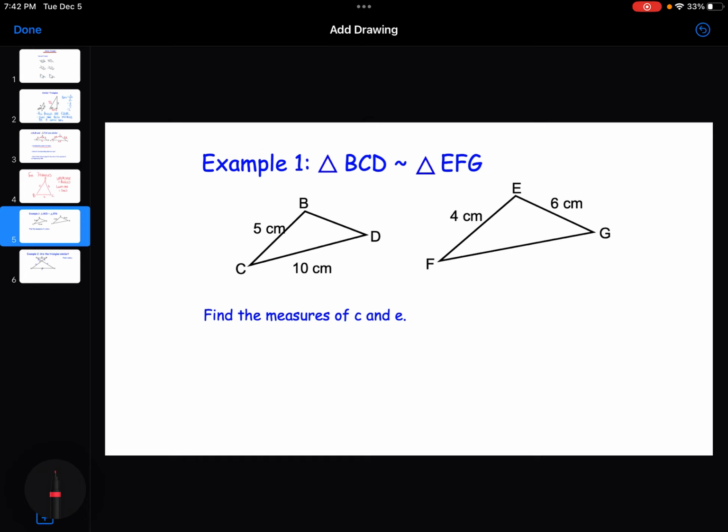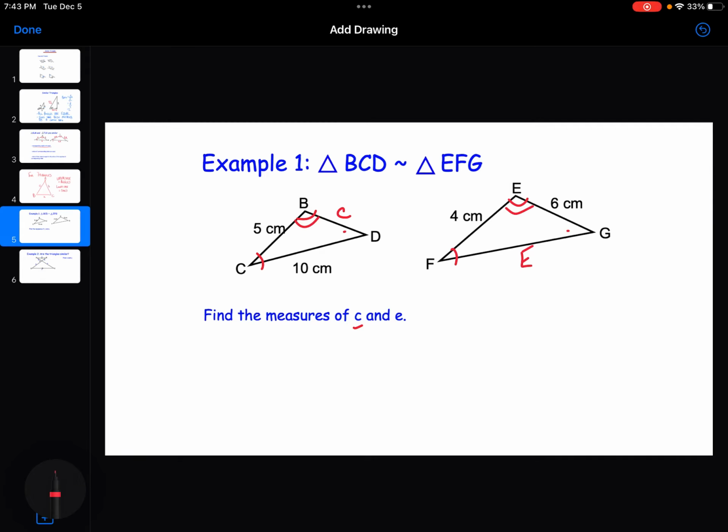We need to find a ratio that we can look at between the two triangles. So if I want to set this up, I'm trying to find out what C is and also what E is. Well, I know that if I'm looking at this, here are my sides that are kind of even to each other. I'll just throw a dot there.